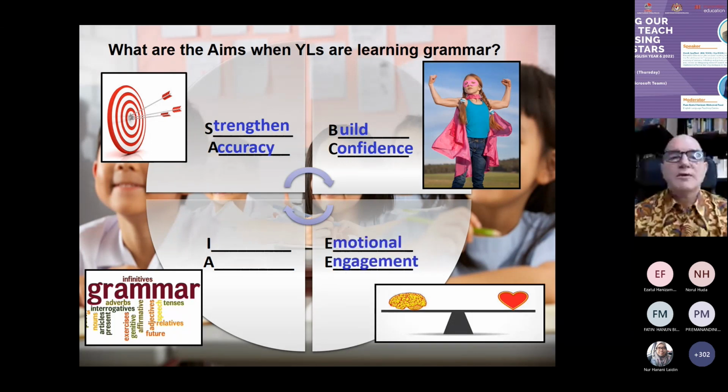We want to create an emotional engagement, and you will see in Year 6 Academy Stars, the grammar animations are awesome for creating that emotional engagement, and the colors that they use are great. And we want to increase awareness to build their knowledge of grammar, which will help them in the transition when they have to become more autonomous learners.